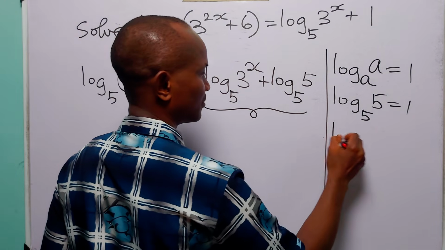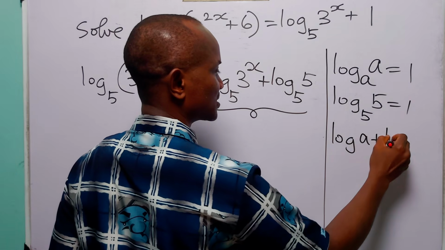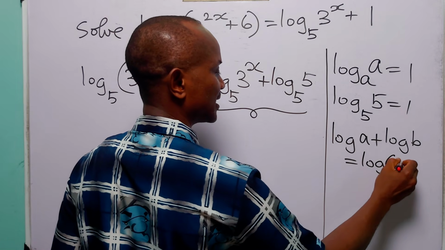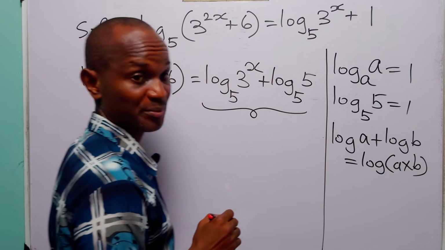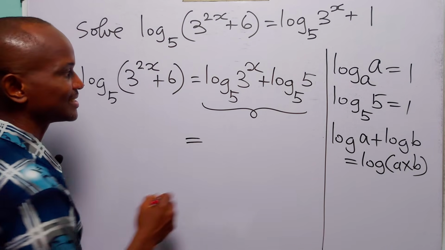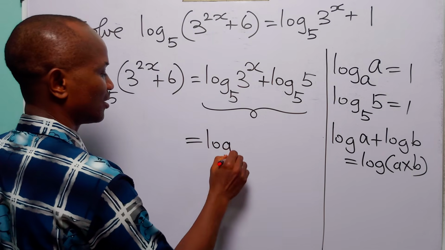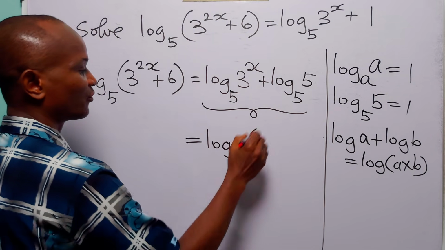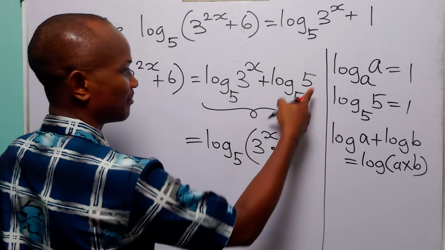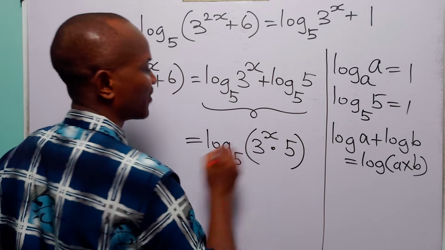Remember that log a plus log b is equal to log a times b. That means that this right hand side is exactly the same as log to base 5 of 3 to the power x multiplied by 5.